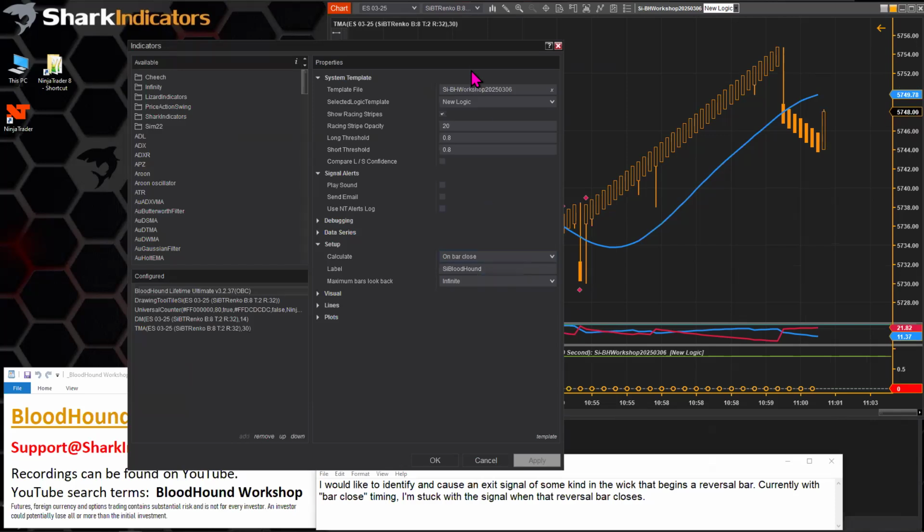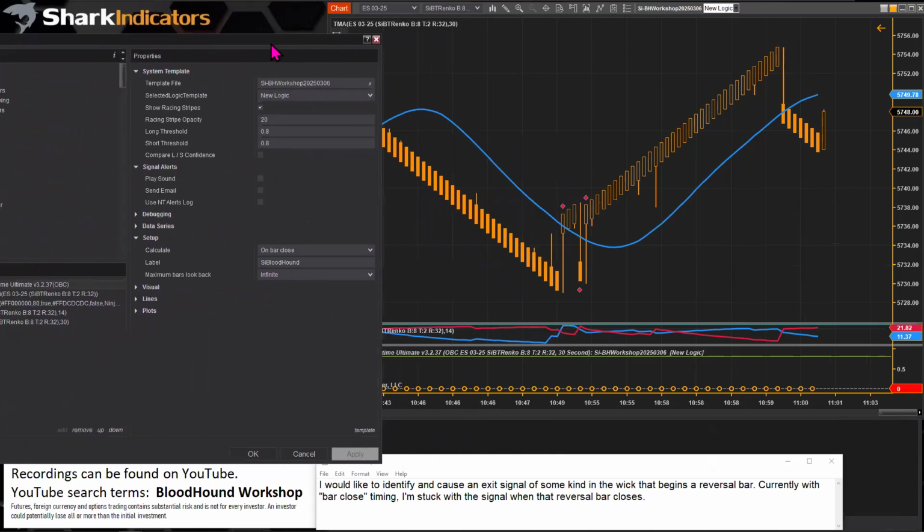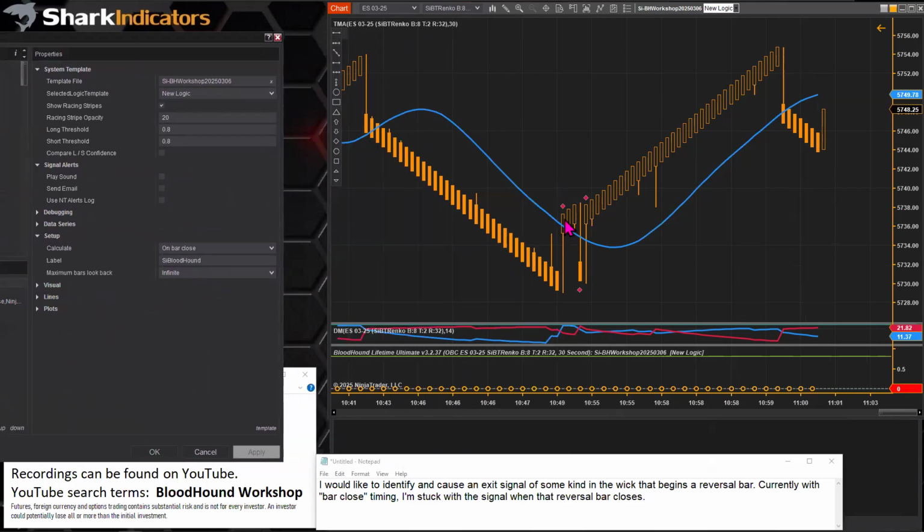And so the issue is how do you identify these crossovers in real time when you're using on bar close? I'm guessing that really is what the question is more directly about there.